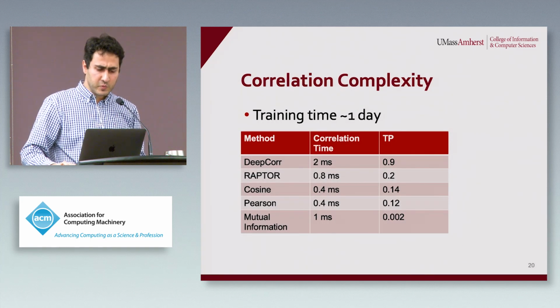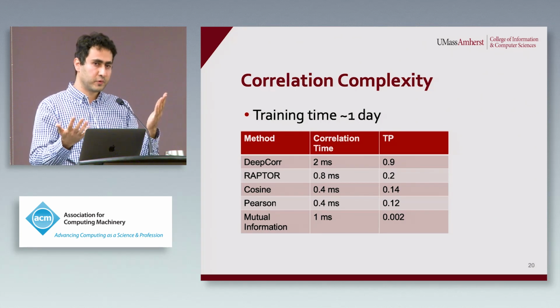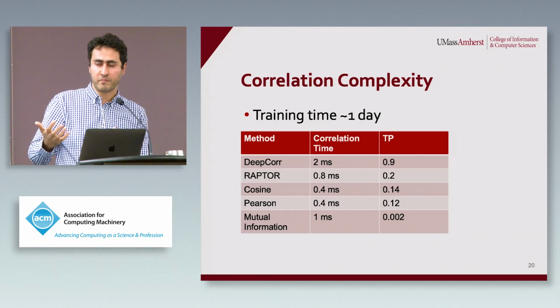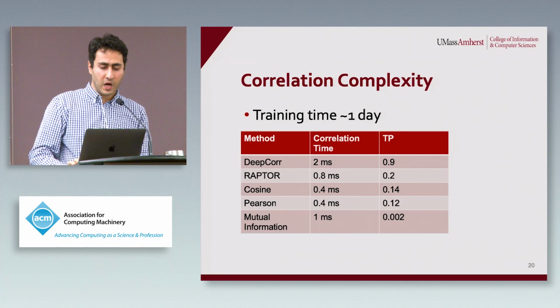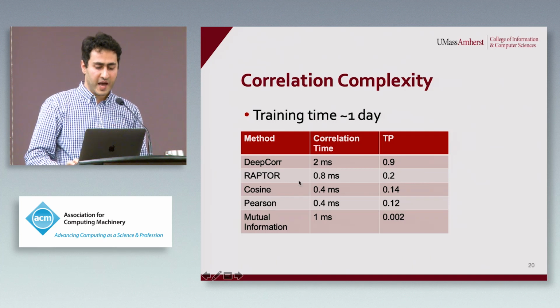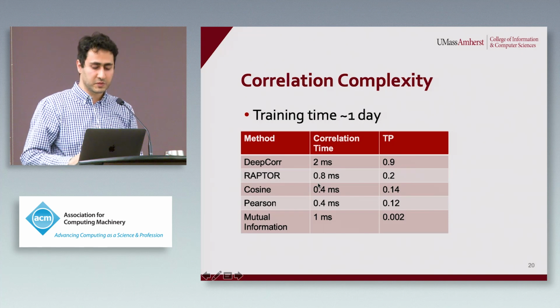And finally, when we compare, I guess the question would be, okay, deep learning, the algorithm, perhaps compared to cosine similarity, it probably takes more time, which is true. If you compare the time to perform a single correlation with DeepCorr, it's 2 to 4 times that of previous flow correlation algorithms.